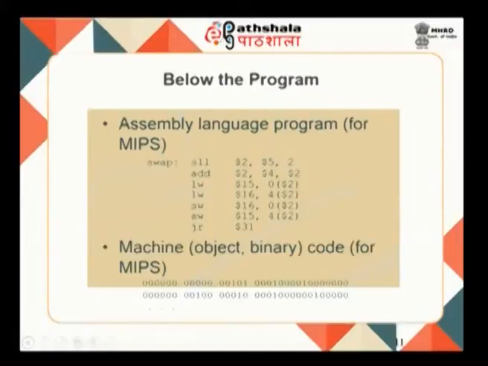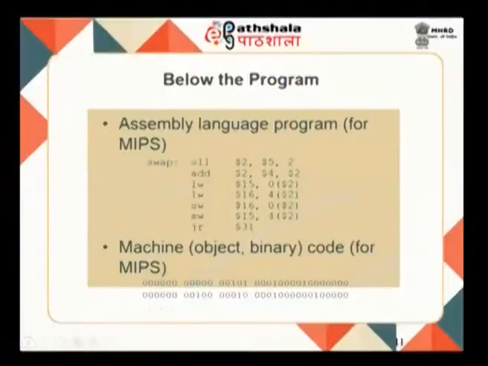Now, this will finally be converted, because SLL and add are all English like, and this is again not understandable to the processor, because the processor is after all made up of digital components which can understand only zeros and ones. So, this assembly language will have to be finally translated into machine language or object code which consists of zeros and ones.